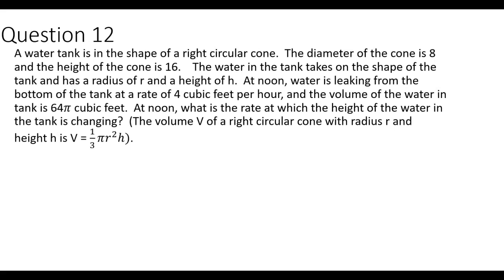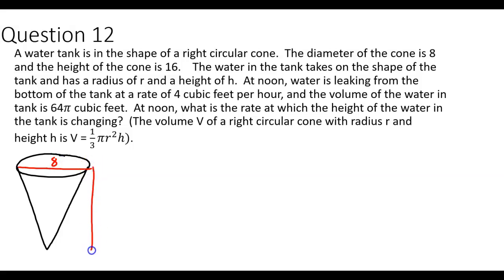All right, so this thing says that a water tank is in the shape of a right circular cone. So I'm going to draw that. The diameter of the cone is 8. The height of the cone is 16.